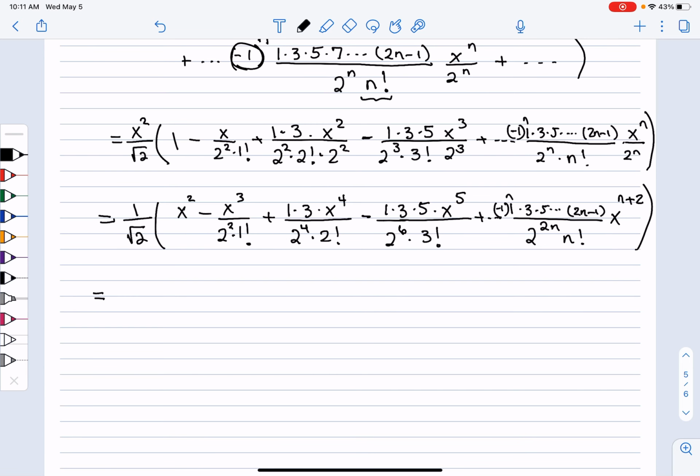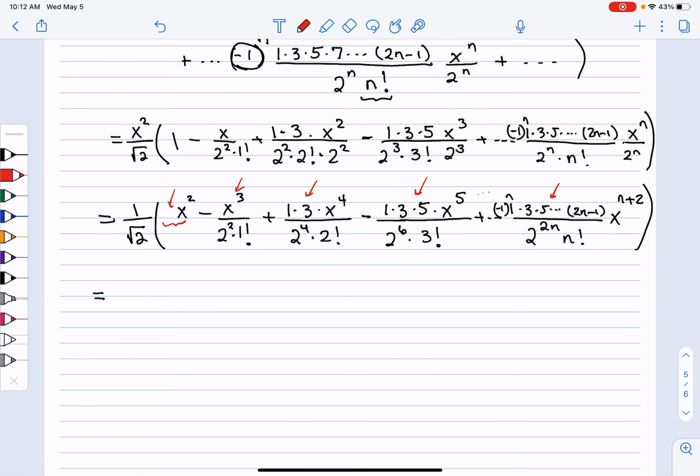Here we have 1 times 3 times 5 all the way to 2n minus 1, and the idea is that it goes back. But here we have 1 times 3 times 5 and 1 times 3. We can think about this as 1 times 1, and we don't have a negative number there.